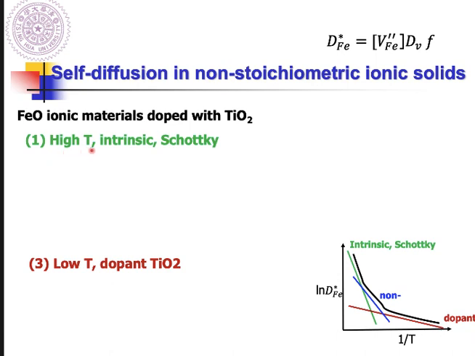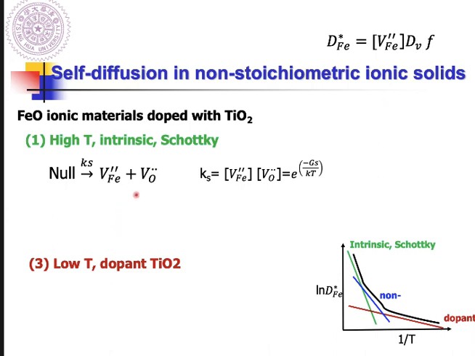At high temperature, the Schottky defect dominates, so you can formulate the results. We don't have any vacancy, then we generate the Schottky defect, so we will generate a pair of vacancies, V_Fe and V_O. In order to formulate the DFE, we want to know the fraction of vacancy at the iron site.